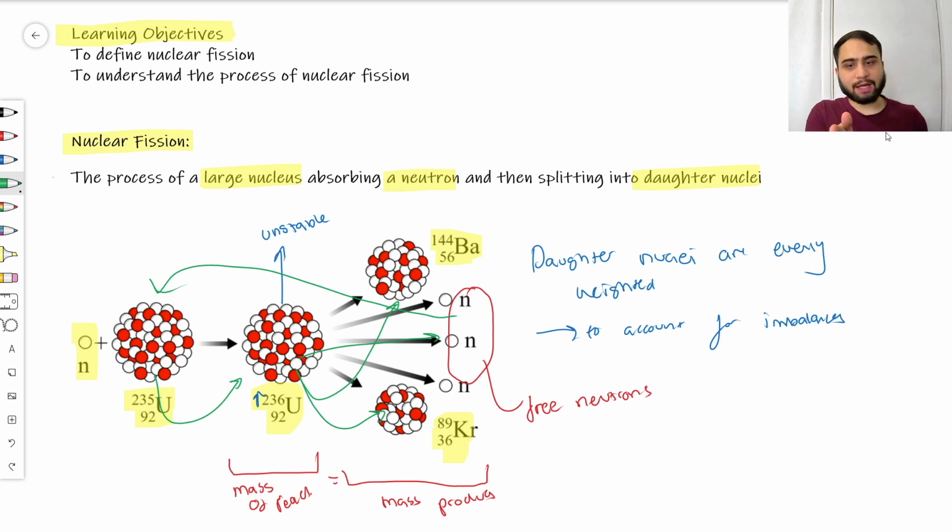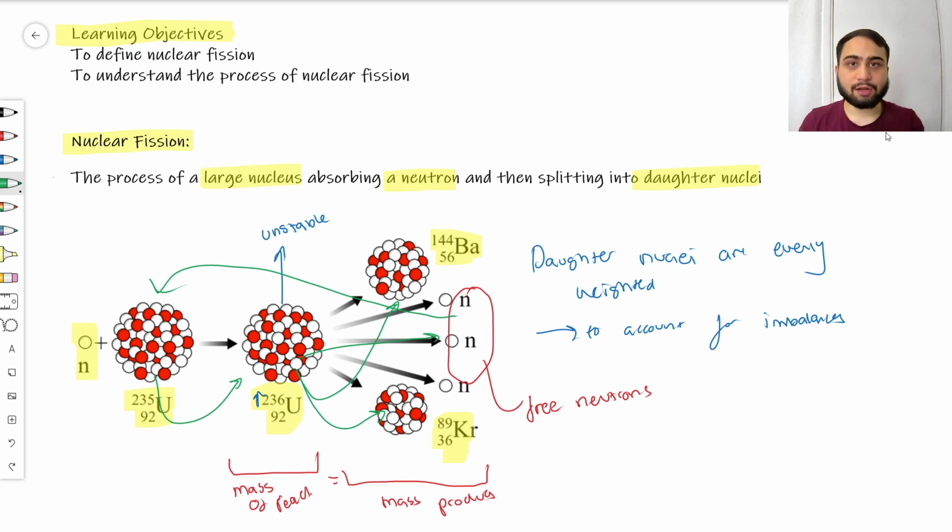So one fission, one nucleus splitting into smaller nuclides, gives off neutrons. Those neutrons then go and attack another nucleus. That nucleus splits. They release even more neutrons, and so on and so on. So you sort of get a domino effect.